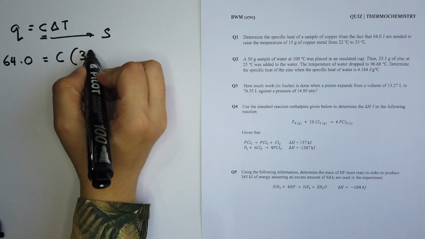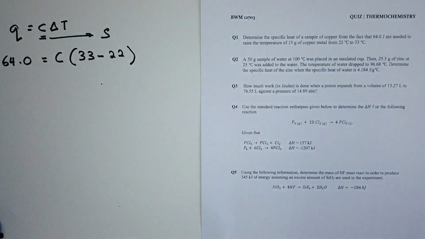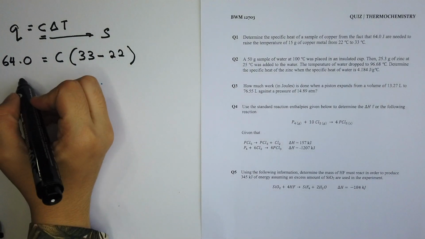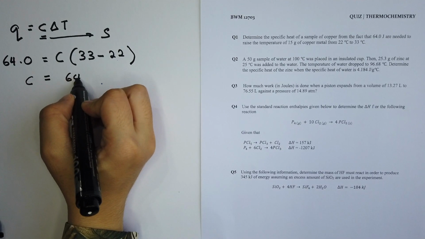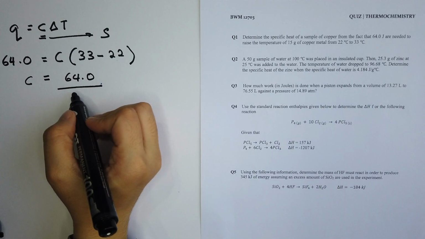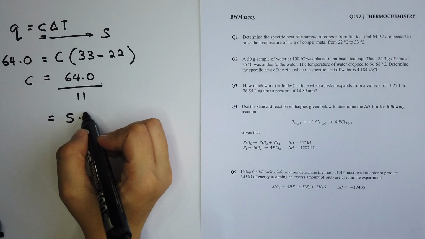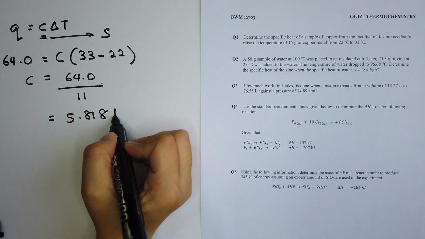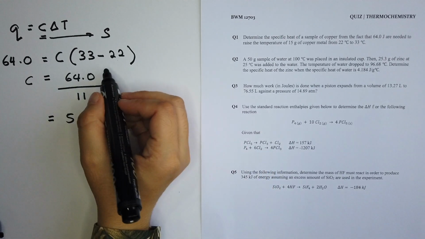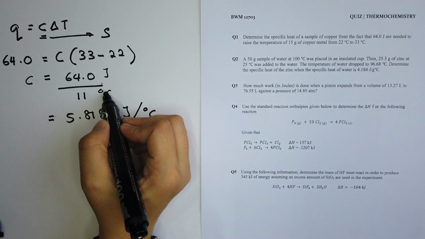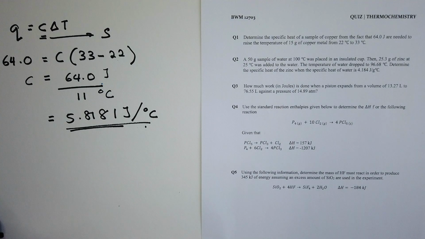So C equals 64.0 divided by 11, and your C shall be 5.8181 joule over degree Celsius, because this one is in joule, this one is degree Celsius.